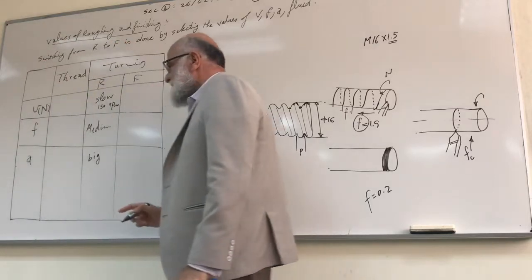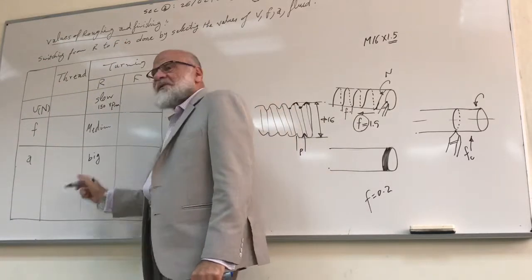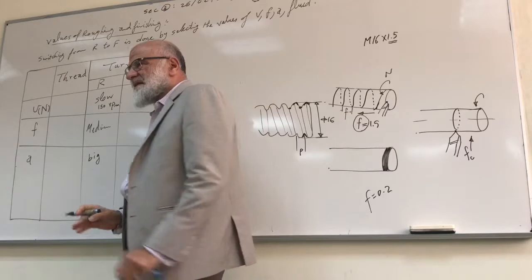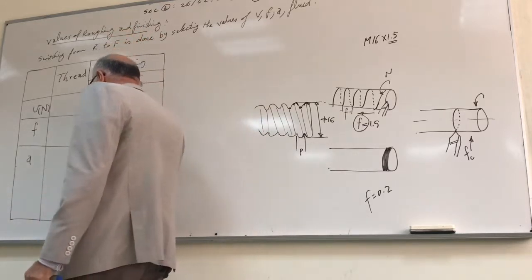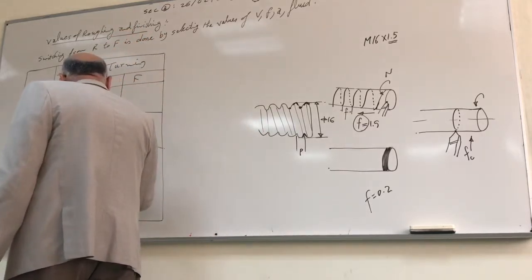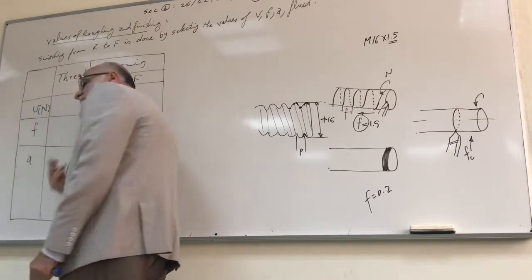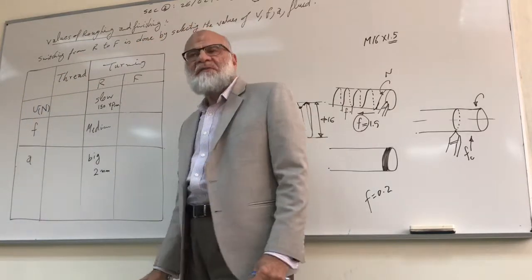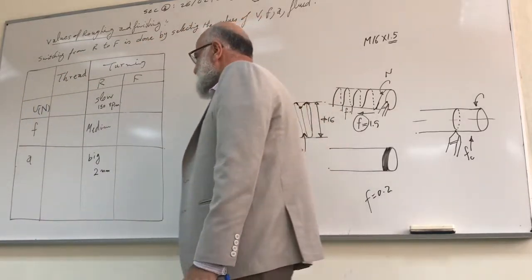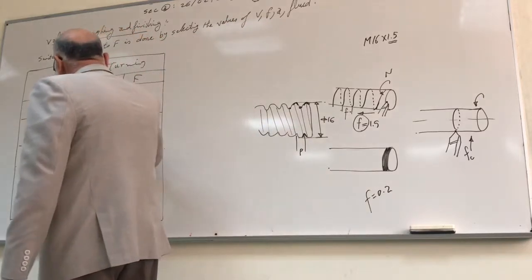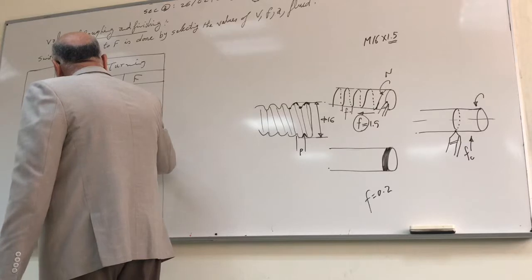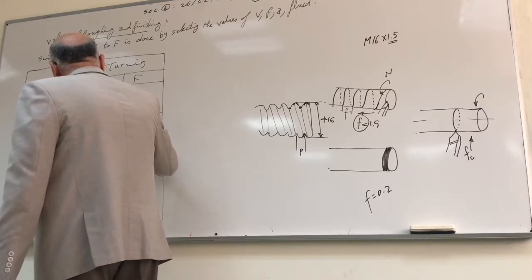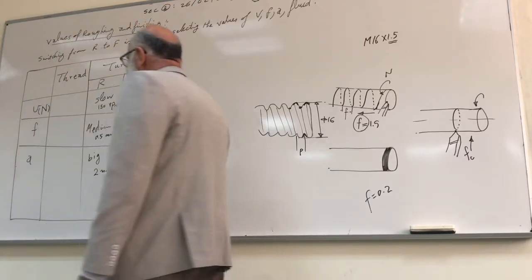Okay, slow. What about the depth of cut? Maximum 2 millimeters. It can be 1 millimeter depth of cut, 1.5 millimeter depth of cut, and so on. The medium feed means 0.5 millimeter per revolution. This is for roughing.